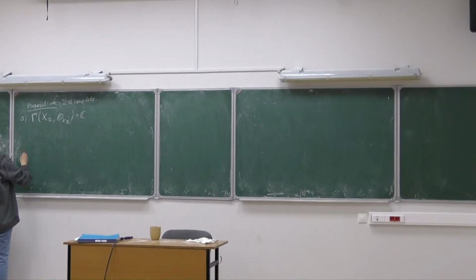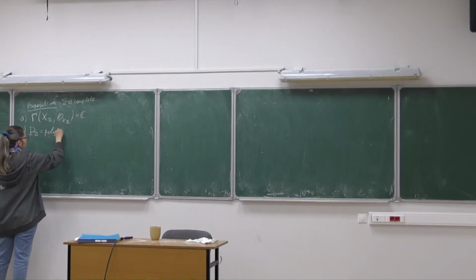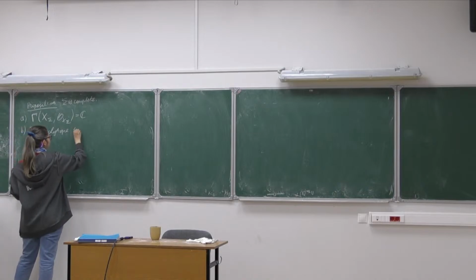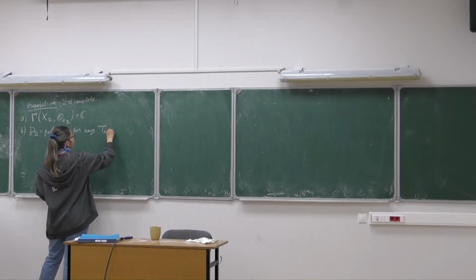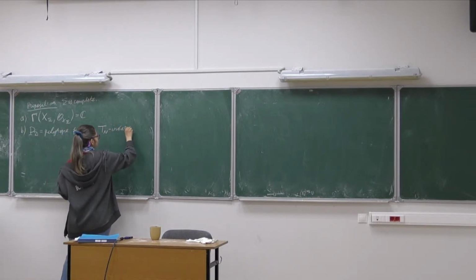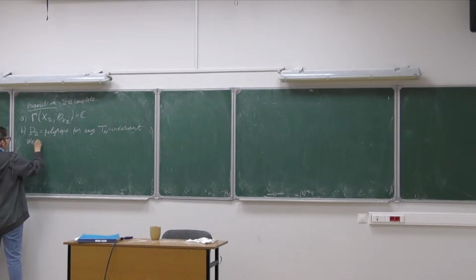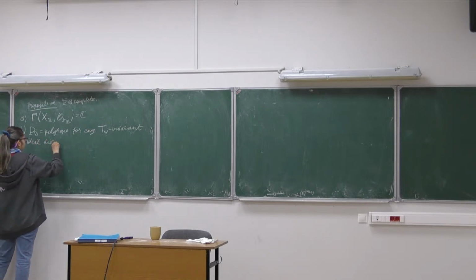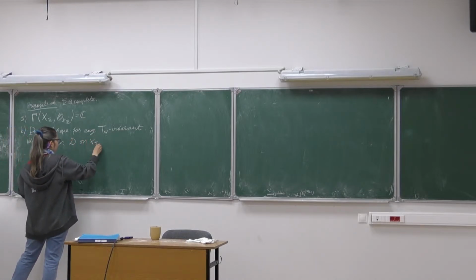Then the second, we constructed in this case P_D. So in our case, P_D is a polytope for any T_N-invariant Weil divisor D on X_σ.